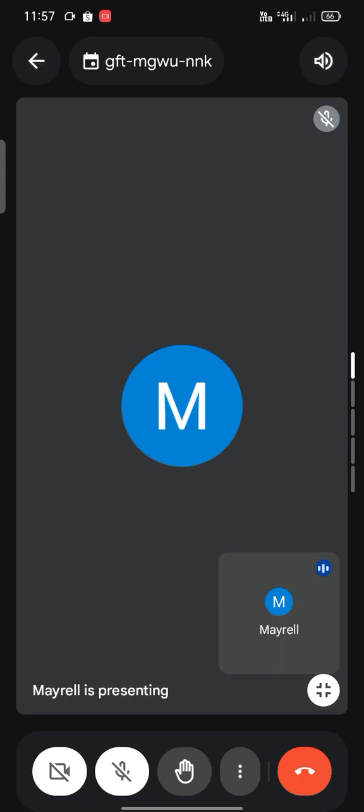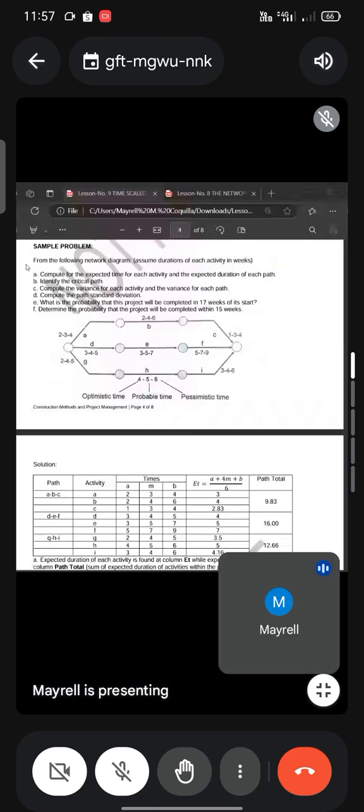Okay, then we have the diagram here. From this node to this node, you have 3 possible paths: ABC, DEF, and GHI. Before, in the diagrams in the previous lesson, there's only one number for each letter or arrow, each path.